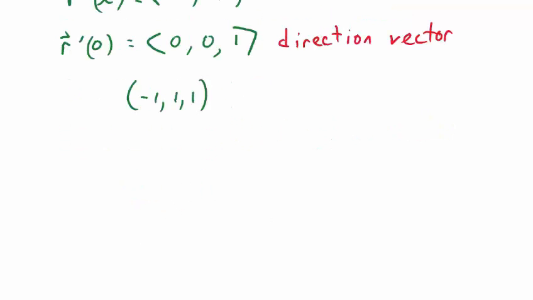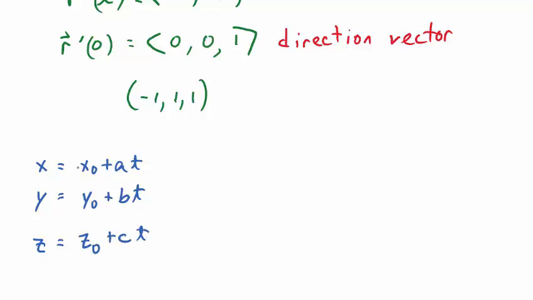So just to remind you, the parametric equations of the line are given by x equals x naught plus at, y equals y naught plus bt, and z equals z naught plus ct, where x naught, y naught, z naught is a point on the line, so this is our x naught, y naught, z naught up here for this point, and a, b, c would be the components of the direction vector.